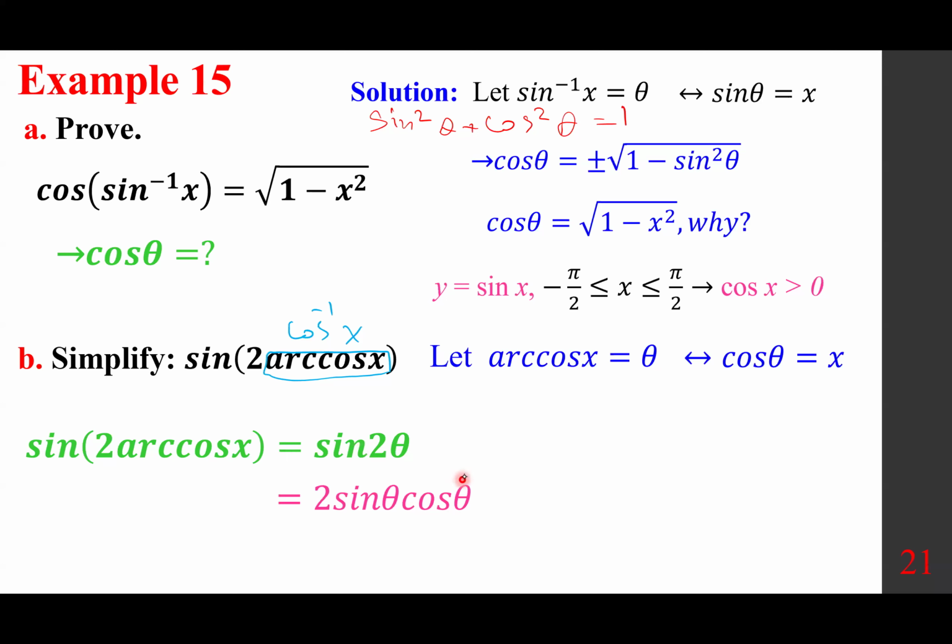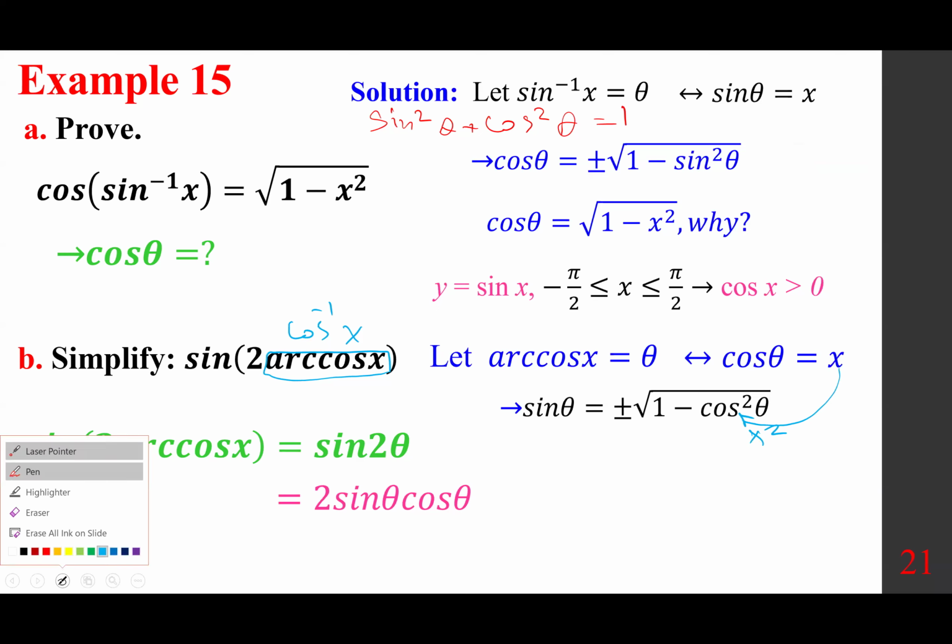And again, just like this one, that cosine is plus minus square root of 1 minus sine squared, the sine is plus minus the square root of 1 minus cosine squared. And of course, 1 minus x squared. So you can replace the cosine squared theta with x squared.